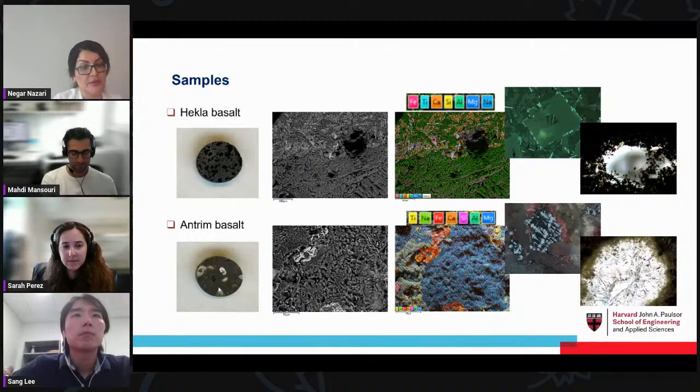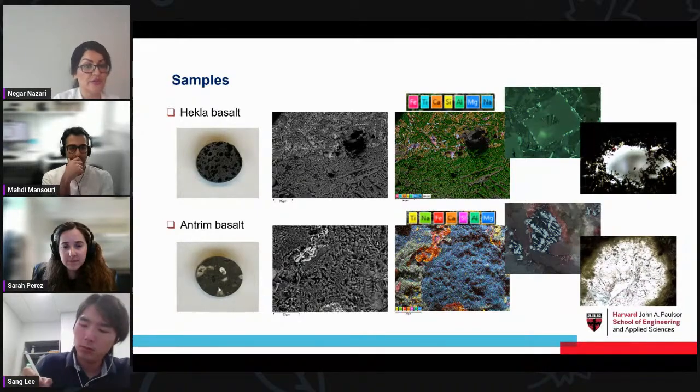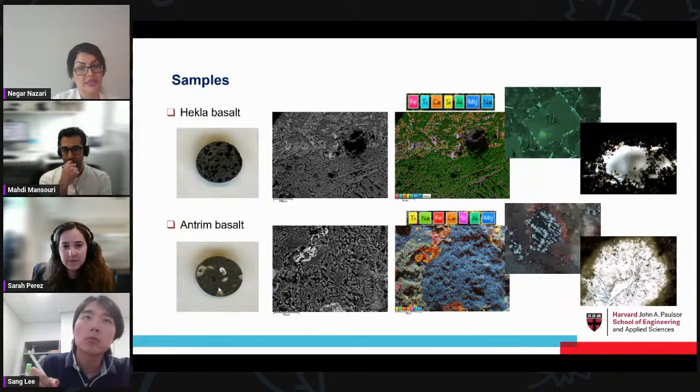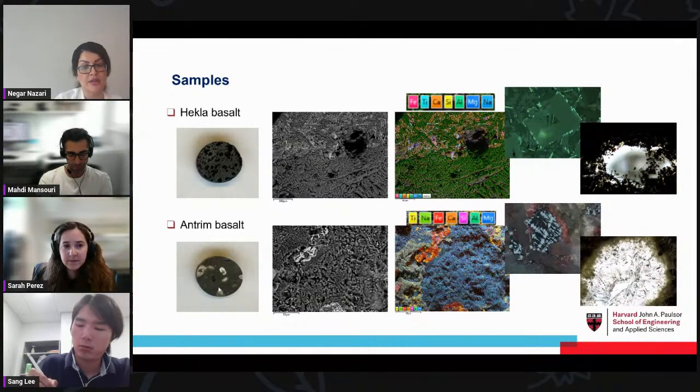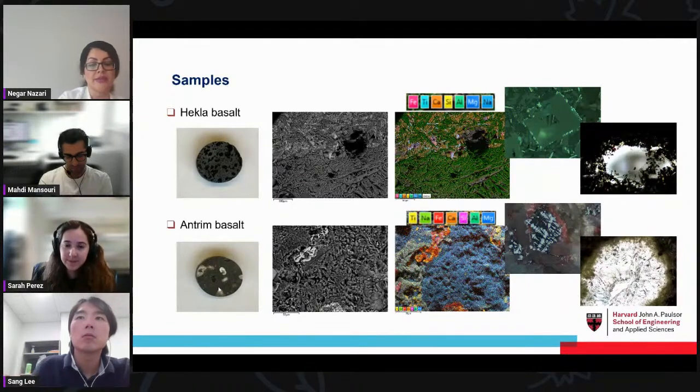However, the Antrim basalt is around 50 to 60 million years old. A lot of the porosity within them has undergone tertiary reactions and depositions, so a lot of it is filled with tertiary minerals. But no matter what, the main composition in both is magnesium, aluminium, silica, iron, and sodium, and some traces of titanium.